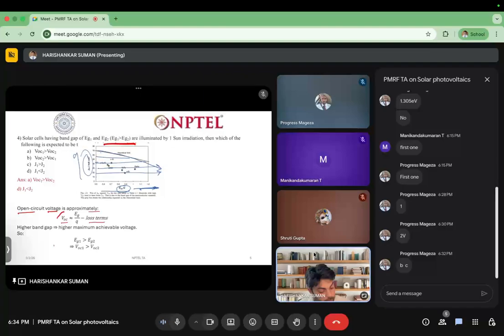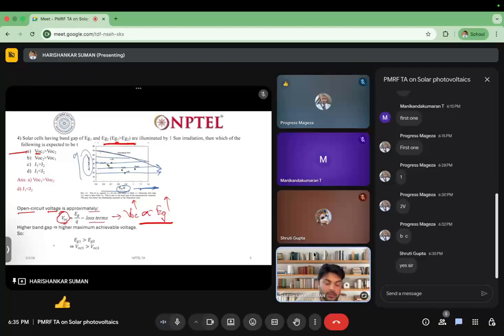This gives you VOC. So VOC is directly proportional to the band gap from here. If the band gap is high, then VOC will be high. So according to this, if the band gap of the first is higher, then VOC will be high. This is clear to all. That is the first option. Then we will discuss the second.